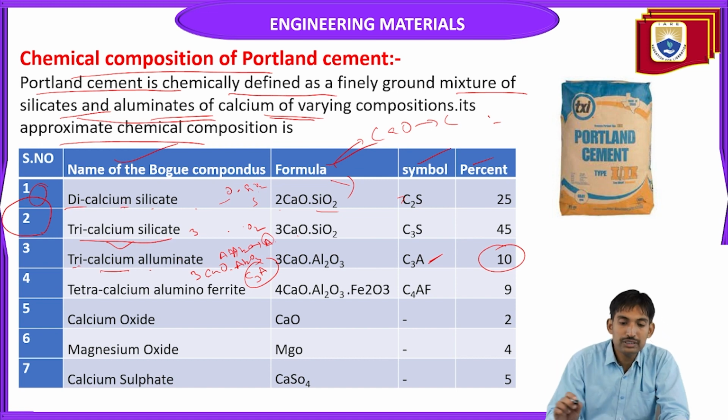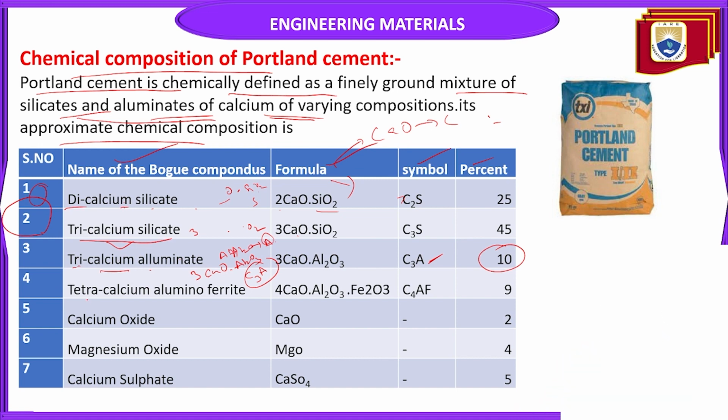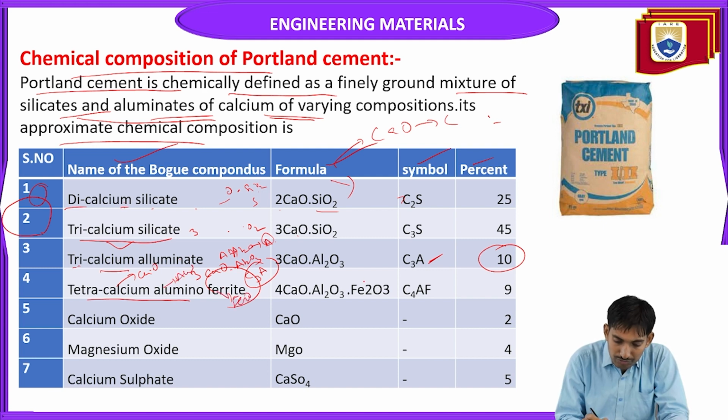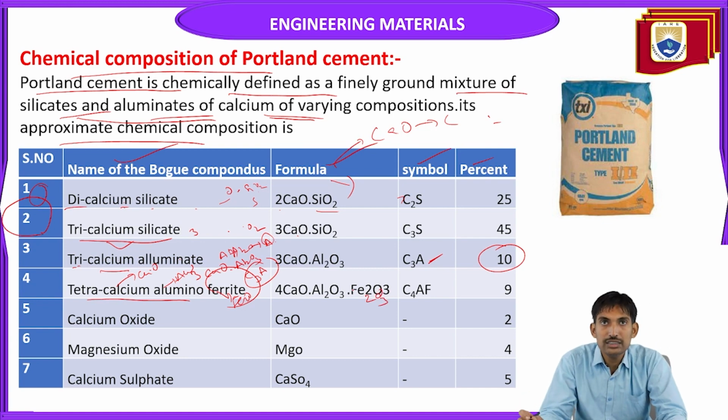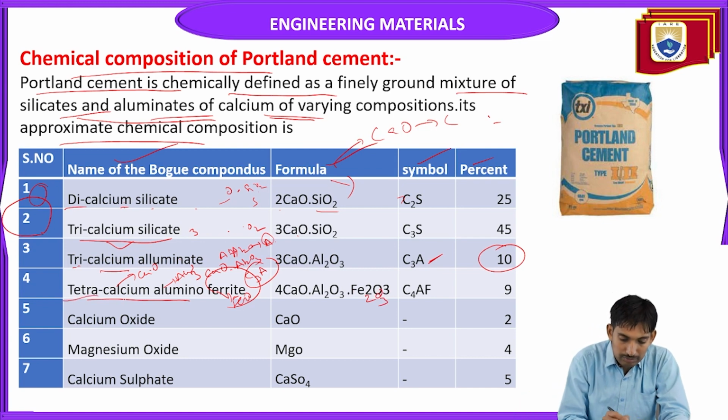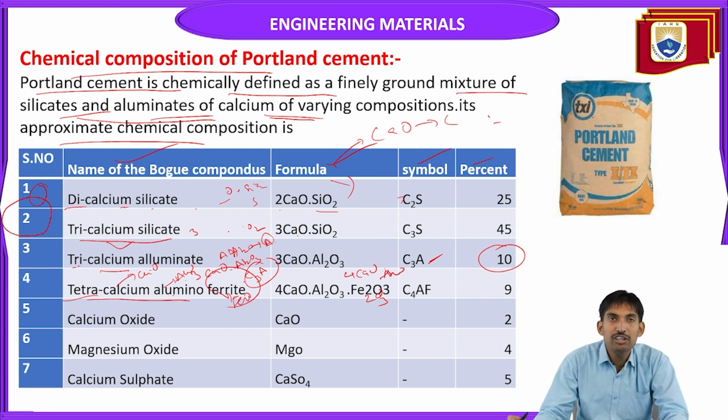The next compound present in the Portland cement is tetracalcium aluminoferrite. Calcium is CaO, aluminum is Al2O3, ferrite is Fe2O3. Tetra is nothing but 4, so 4 CaO, Al2O3, Fe2O3.